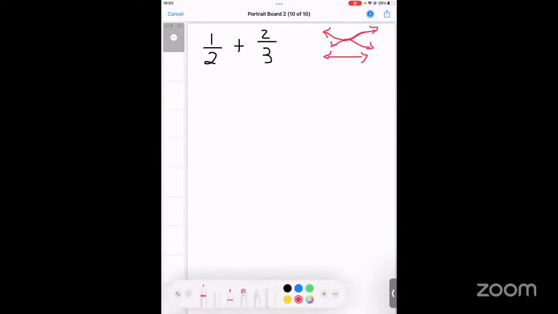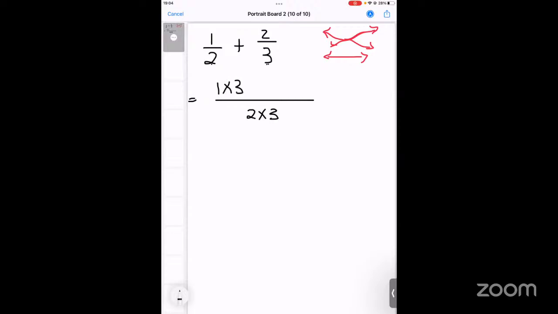So the first step is to have a big fraction bar, and then 2 multiplied by 3. Just make sure when you write it, it is clear. Then you say 3 multiplied by 1. The sign is the original sign that you were given. You don't create a new sign, you just have a plus. Then you say 2 multiplied by 2.